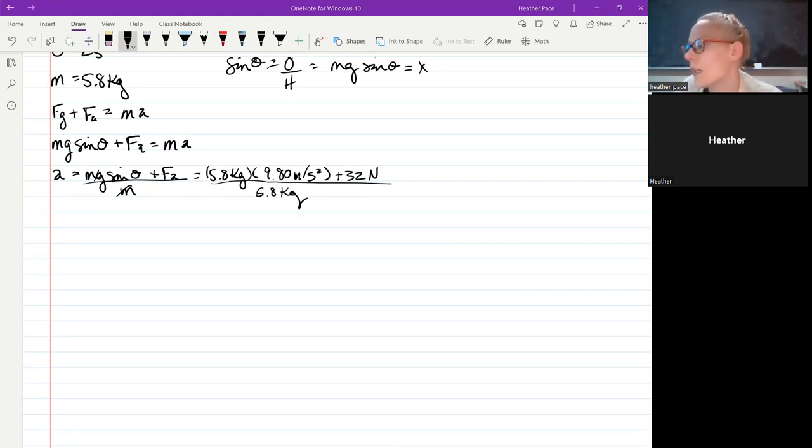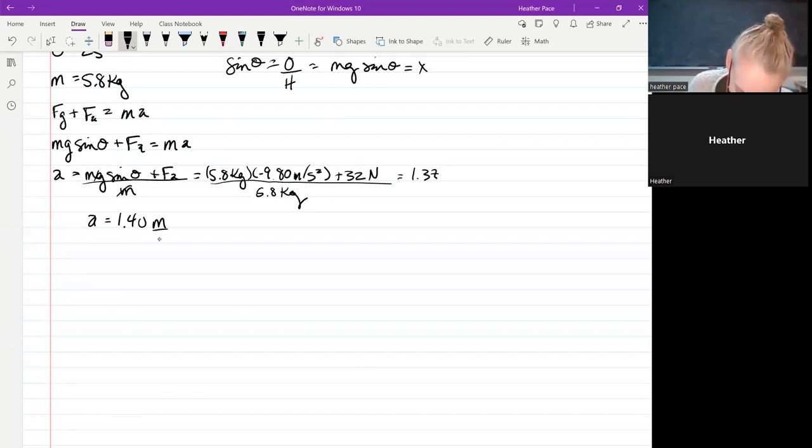All right, so if you plug in numbers here, you end up with 1.37, and we need two significant figures, so 1.4 meters per second squared.